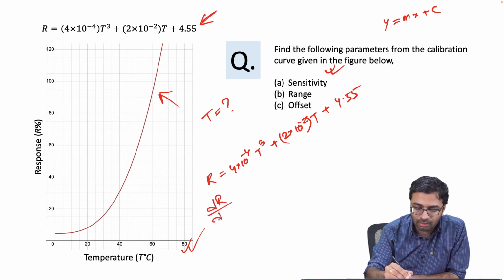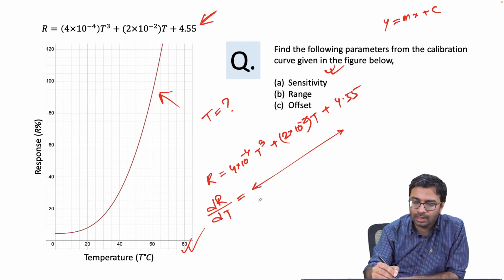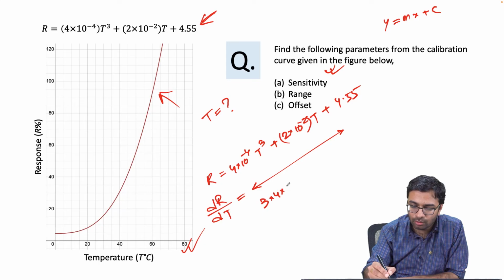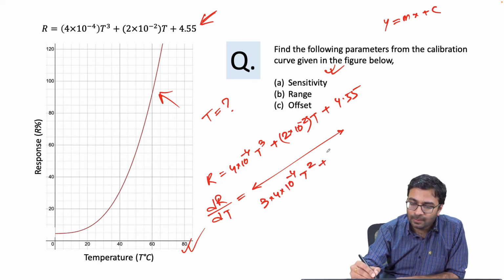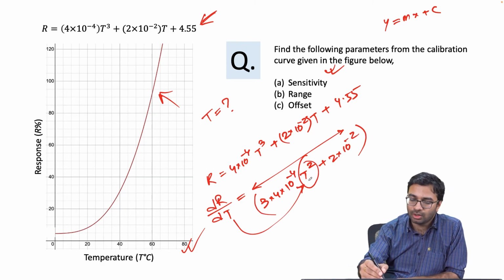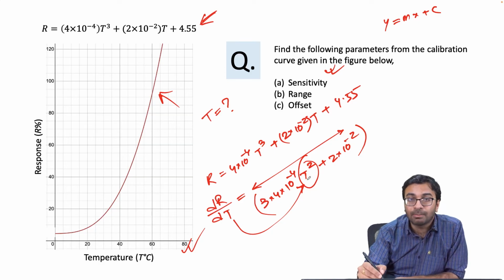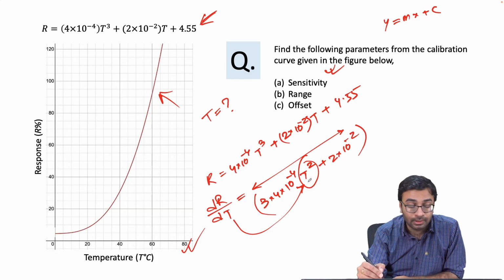You do the first derivative of that equation, and this will give you the equation for the slope, right. So it's like 3 into 4 into 10 to the power minus 4 t square plus 2 into 10 to the power minus 2. So your slope is also a function of temperature, that is stimuli, right.